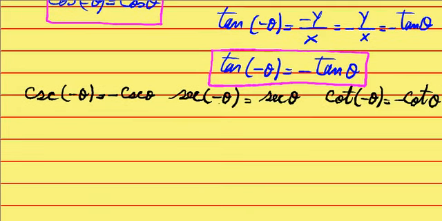Okay, this all brings us to climax of all of these things. Very important identity we need for our differentiation in the next lecture, and that is the sum of angle identities.